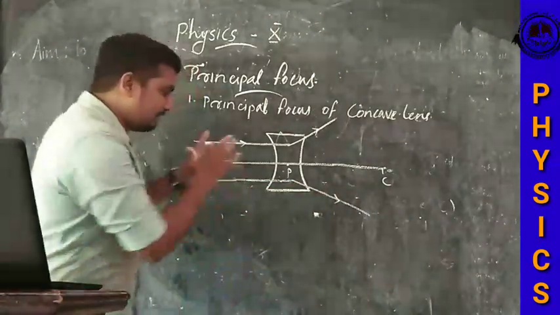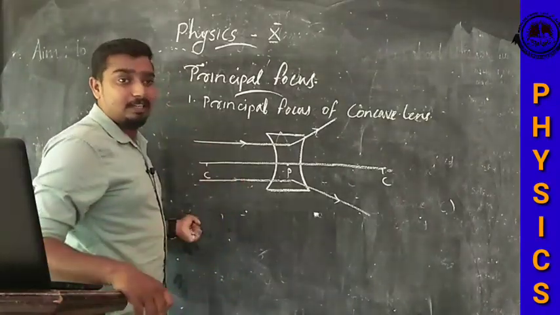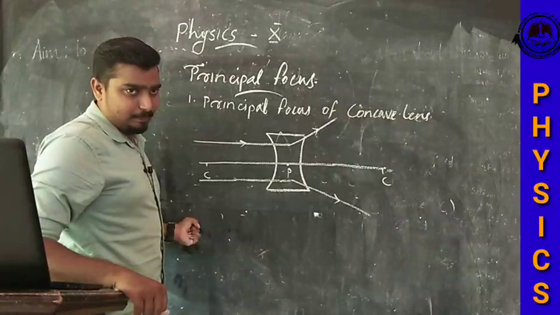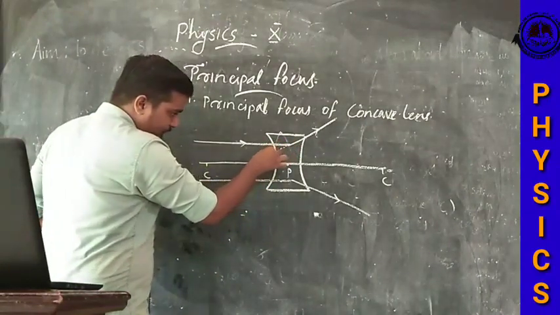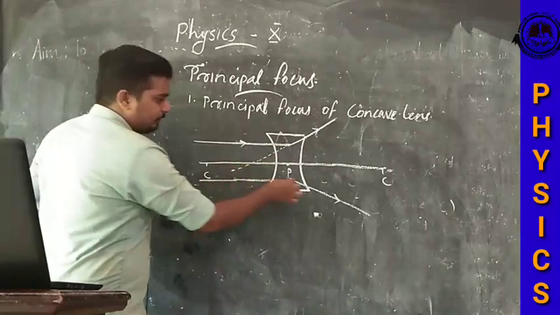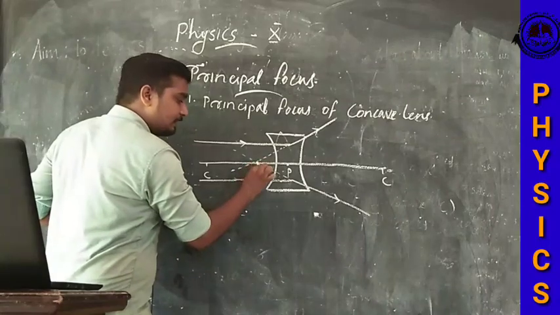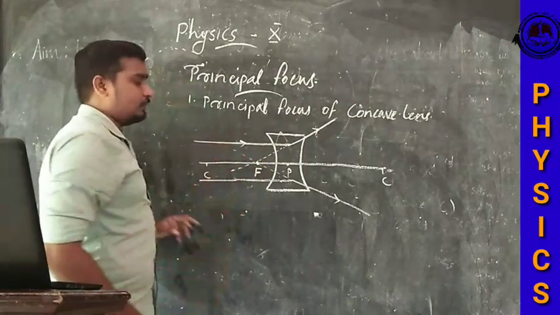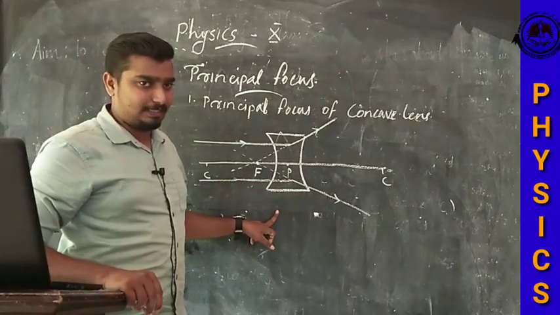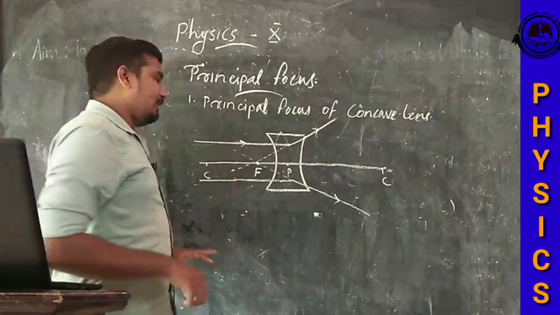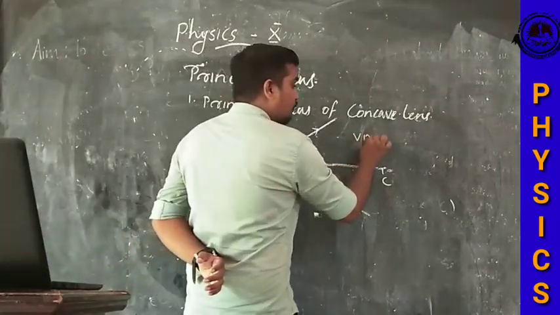In this condition, we consider an imaginary principal focus. How? I extend the rays backward, and this joining point is considered the principal focus of the concave lens. Here the principal focus is virtual.